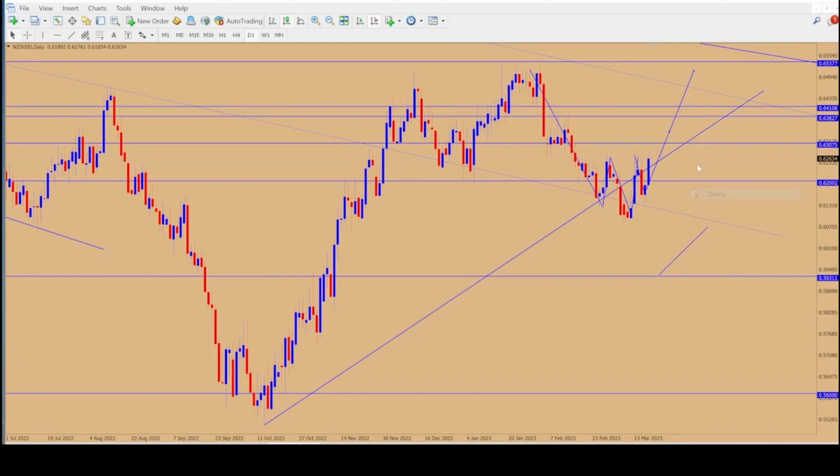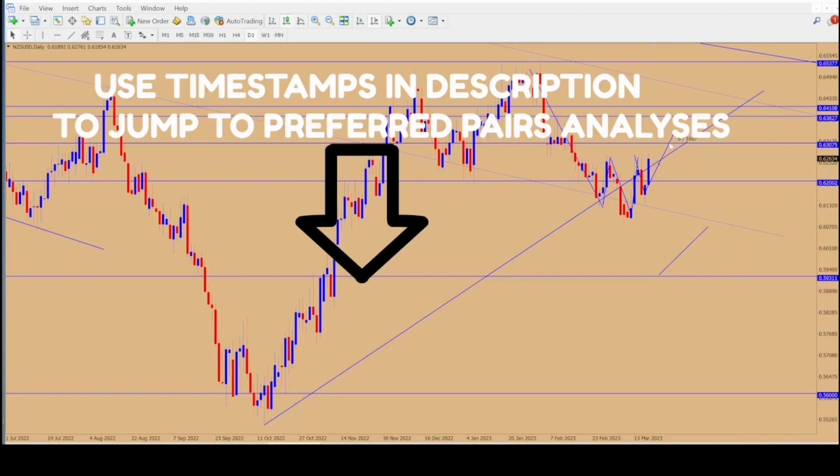Well, typically if we get a significant close below this 0.6307 after the market has violated it, and it's even better if the close is also below the trend line, we could see prices as low as 0.6200 or even as low as right here first.